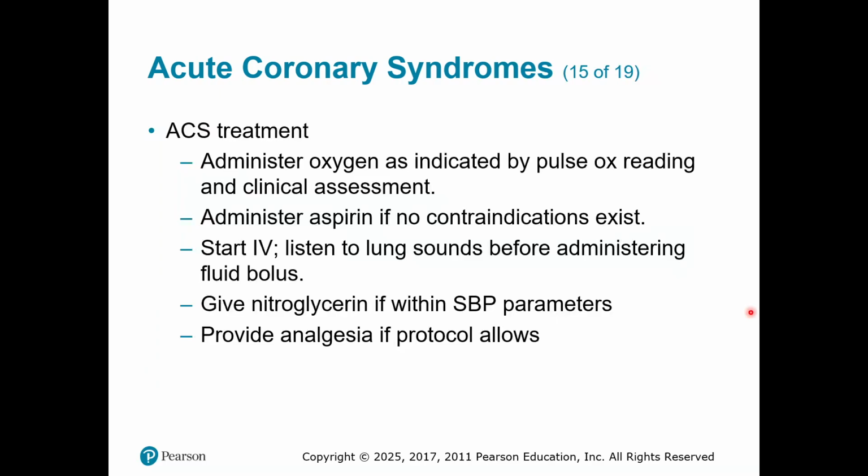I know a lot of it is they say nitro is contraindicated in inferior MIs. Well, that's great. But it's hard for you guys to recognize that you have an inferior MI. So the only thing I ask is just to make sure that they have a good pulse rate and a good blood pressure, and you got some fluids hanging. If they lose their pressure, bolus them.